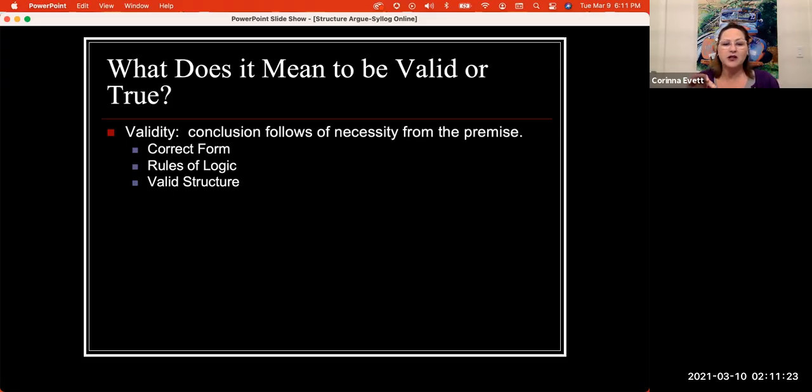The rules of logic: do the lines of reasoning conform to the rules of logic? That's what you've been reading about and what we've been discussing briefly here today. And then the valid structure: is the structure of the argument or syllogism valid? The form, the flow of the reasoning and logic to the conclusion, is that valid?